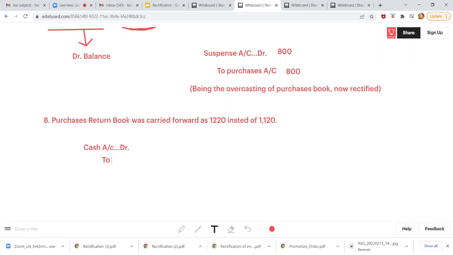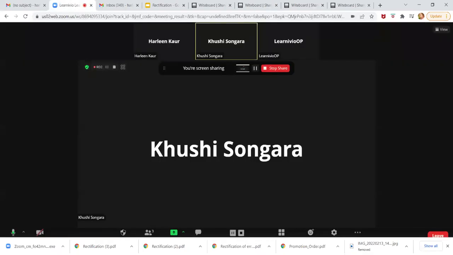Purchase return account credit, as we know that purchase return account has a credit balance, right?